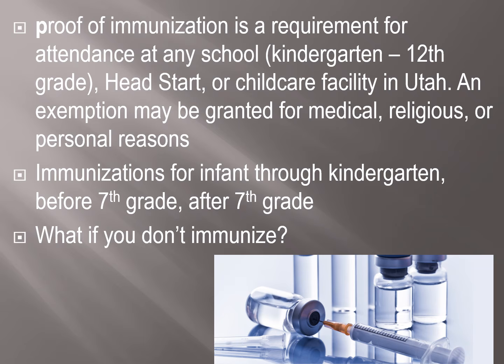And then if there's a breakout of that type of disease and your child is not immunized, then they will not be able to go to school during that time period that the disease is going on. So we had a measles outbreak in other parts of the country, and so those children who are not immunized against measles were not able to go to school until the measles outbreak was over.